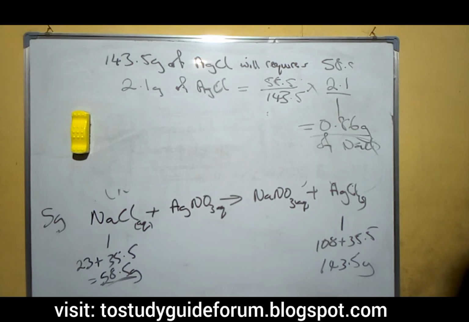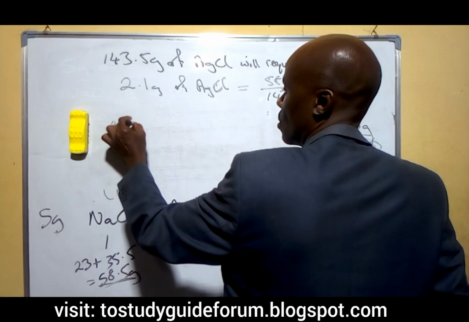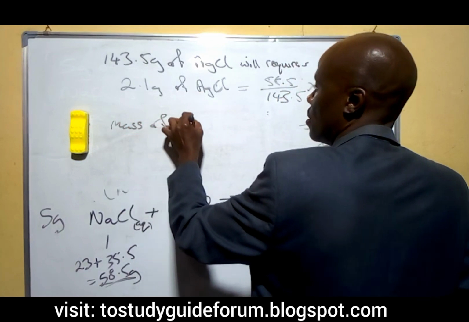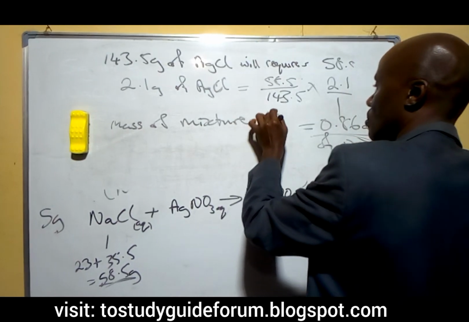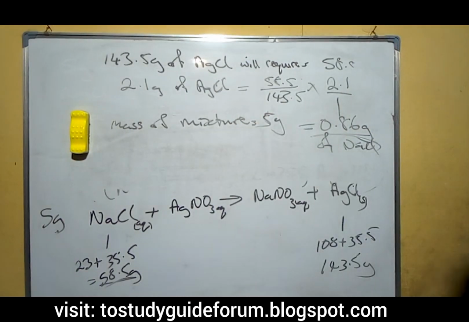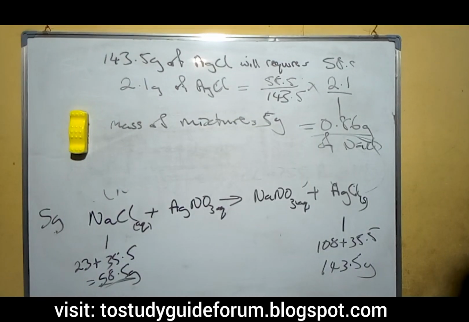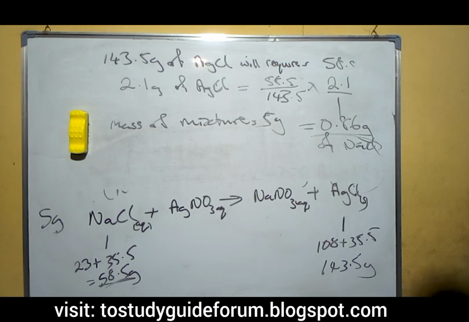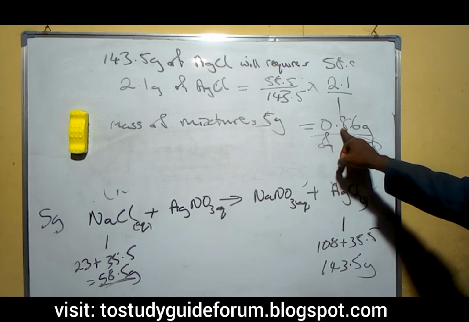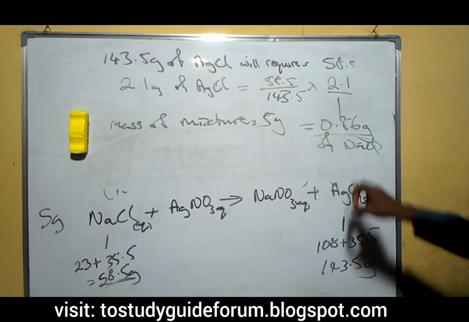So then now we know that the mass of the mixture is equal to 5 grams. That means for us to produce 2.1 grams of silver chloride, we need 0.86 grams of sodium chloride.